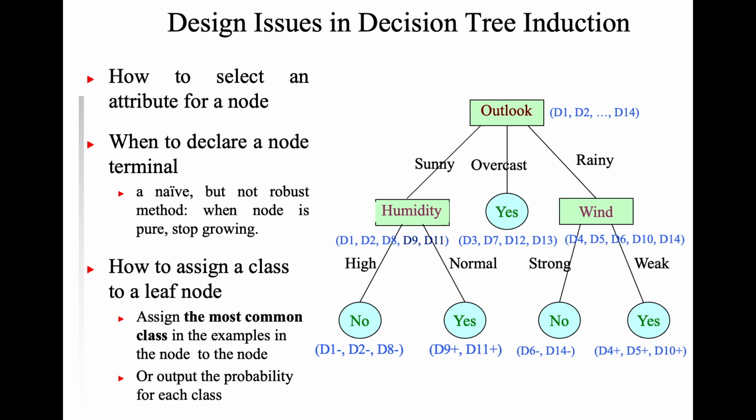When should you declare a node terminal, and what is our stopping criterion? That is when we reach a leaf. Do you remember when in that example we were trying to design a decision tree, and at some point we reached a leaf? So how did we know that we reached a leaf?